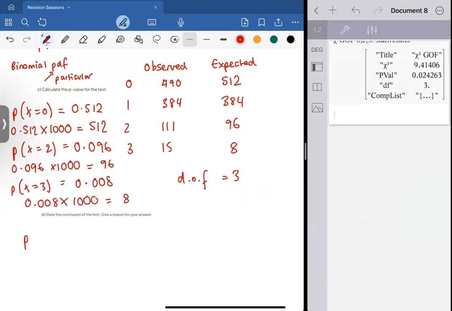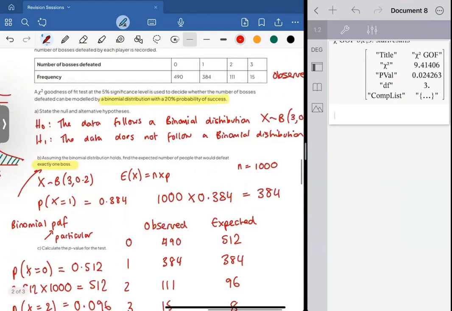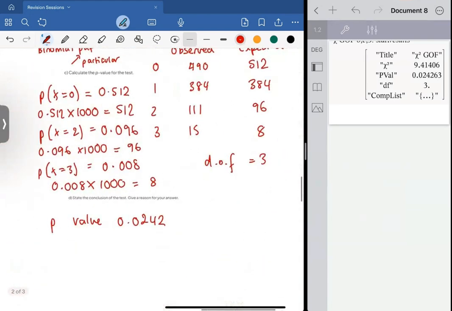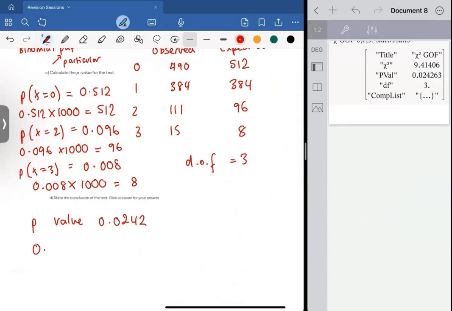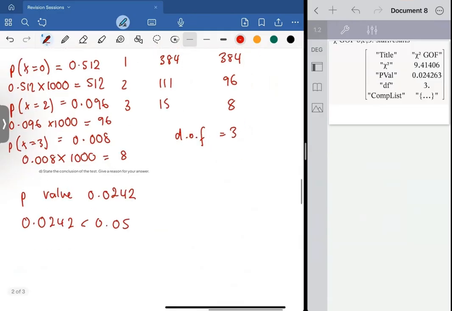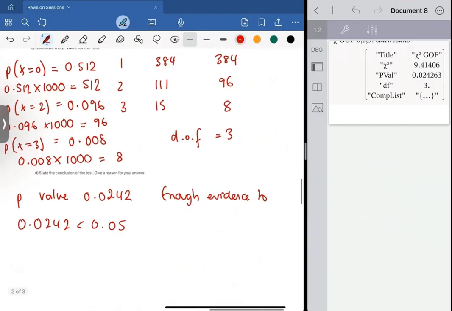The p-value is 0.0242. Oh, and finally, we were doing this at a 5% level. We've finally got something: 0.0242, that is less than 0.05. So in this case, we are going to finally reject. There is enough evidence to reject H0.